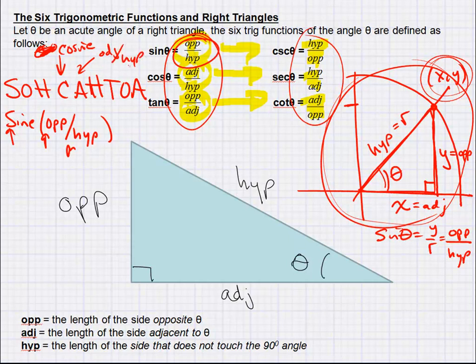So that's the A and the H. And tangent is opposite over adjacent. So that's tangent, opposite, adjacent. So when you see this Sohcahtoa, again, let me write it clearer.